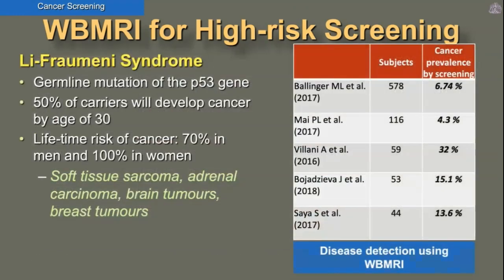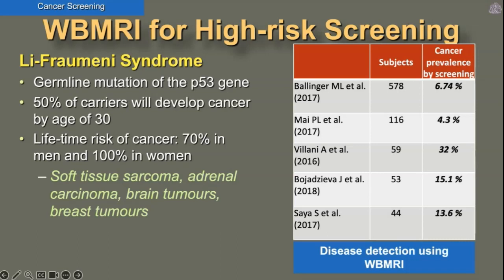In particular, we know that in Li-Fraumeni syndrome with germline mutation of the so-called p53 gene, the lifetime risk of cancers in these individuals is as high as 70% in men and 100% in women. So screening seems to make sense.